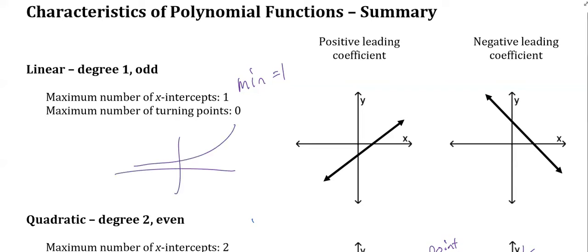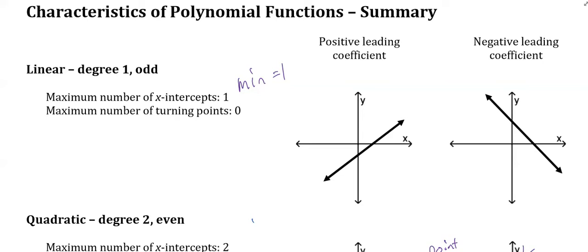So the maximum number of turning points is 0. You can't turn a linear graph. You already know that. Could you have 0 x-intercepts? What's the minimum number of x-intercepts? It says 1. Could you have 0? What about a horizontal line, people might say? But a horizontal line would actually be like y equals 3. What's the degree of that function?